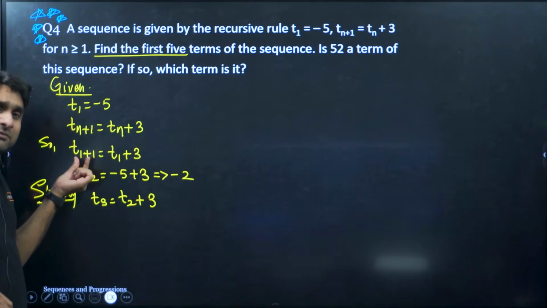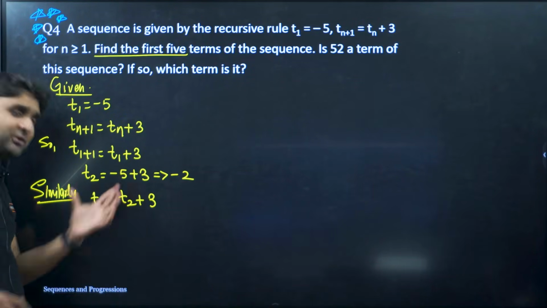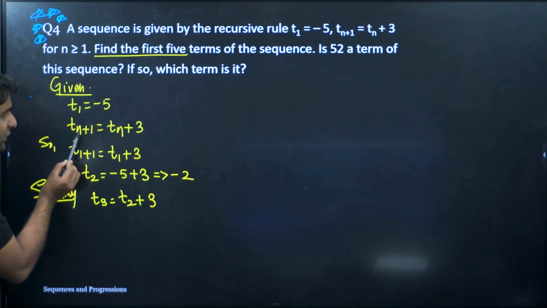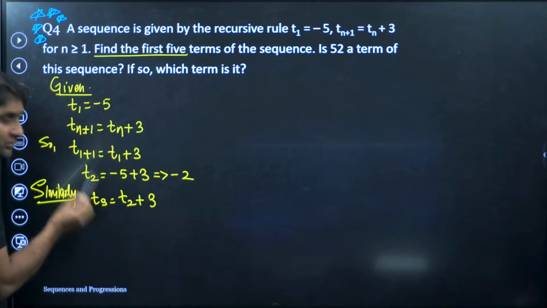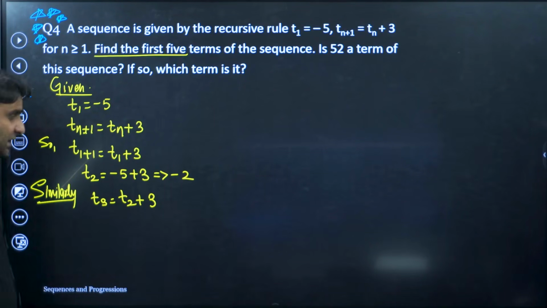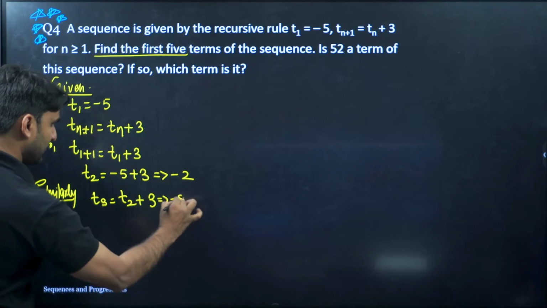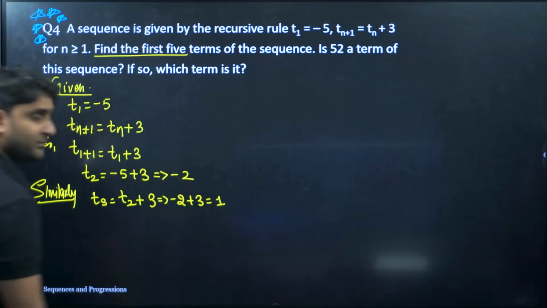For the second term this is 1, so for the third term this will be 2. You can apply the formula also. If you put 2 here, 2 plus 1 will be 3, but this will be t2, so that is equal to tn plus 3. And now t2 we have minus 2, so minus 2 plus 3 is equal to 1.